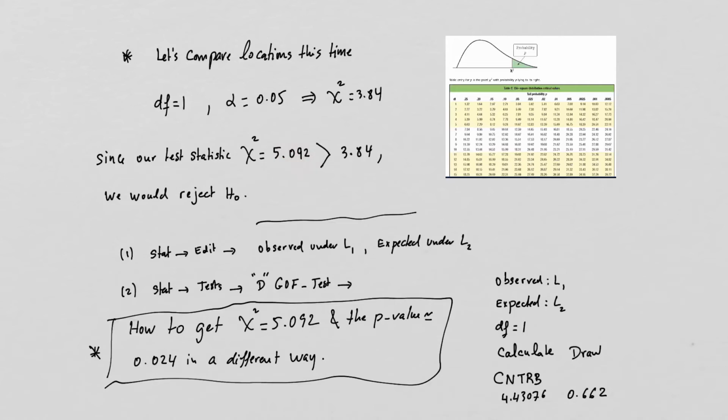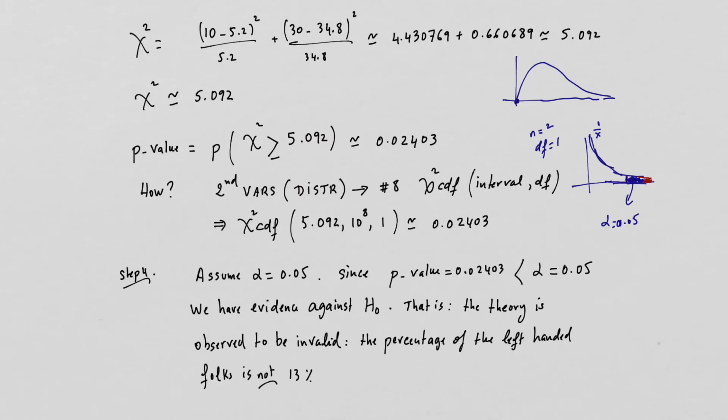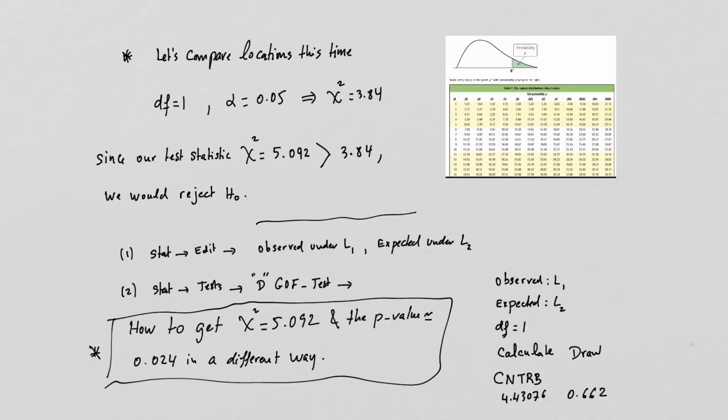So if we go back to the picture, my cutoff location is 3.84. My chi-squared test is actually right there. That is 5.092, and this location is 3.84. Once again, I cross over.